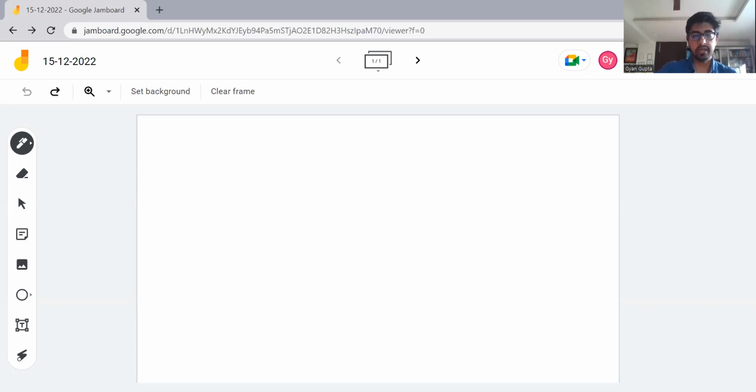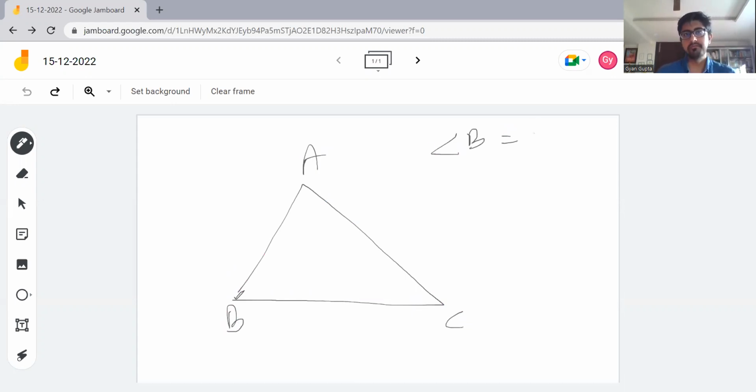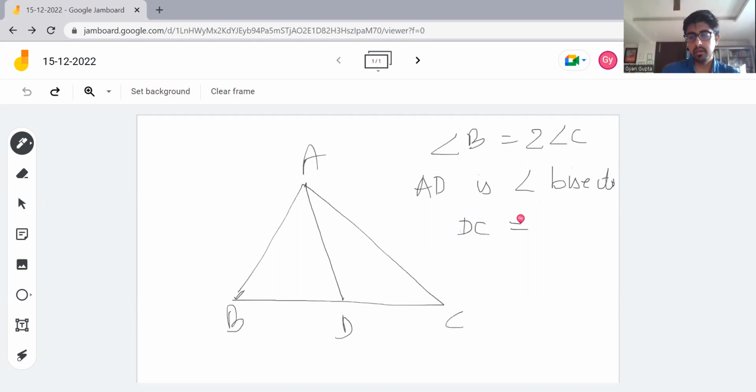We are given a triangle such that it is given angle B is equal to 2 times angle C. We are also given AD is the angle bisector such that DC is equal to AB. All right, so we are given this in the question.